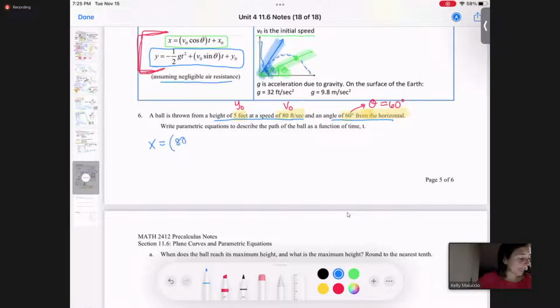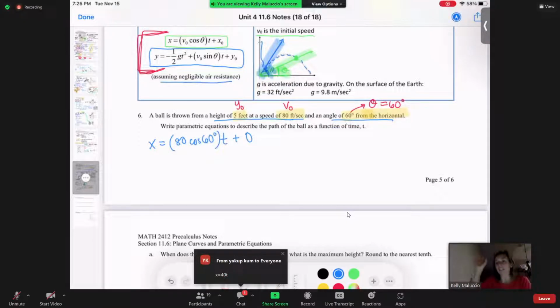So x is v naught cosine t. So it's going to be 80 cosine 60 degrees times t, plus x naught, which is 0. Because x naught would be the horizontal distance, and we're just going to assume the initial is 0, and then from there our x is moving.